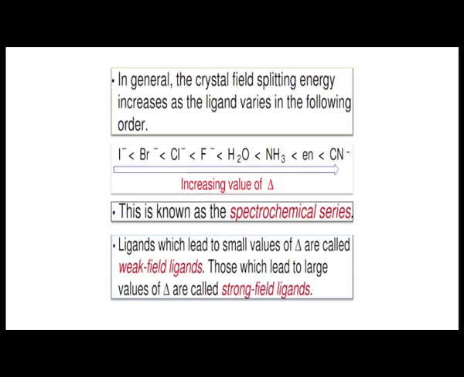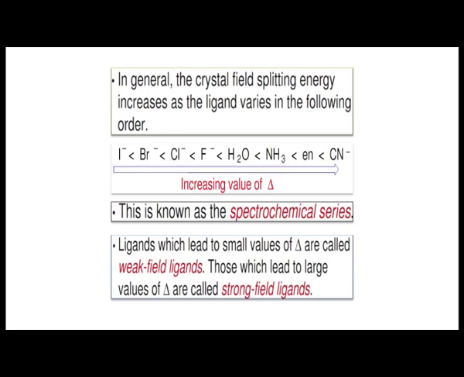Just now we have seen that CN minus is greater than F minus, and previously in the case of nickel we have also seen some order. These 3 ligands, H2O, NH3 and en, we have seen in the case of nickel 2 plus, and in terms of the coordination equilibria we can have some order when nickel is a hexa-coordinate complex.